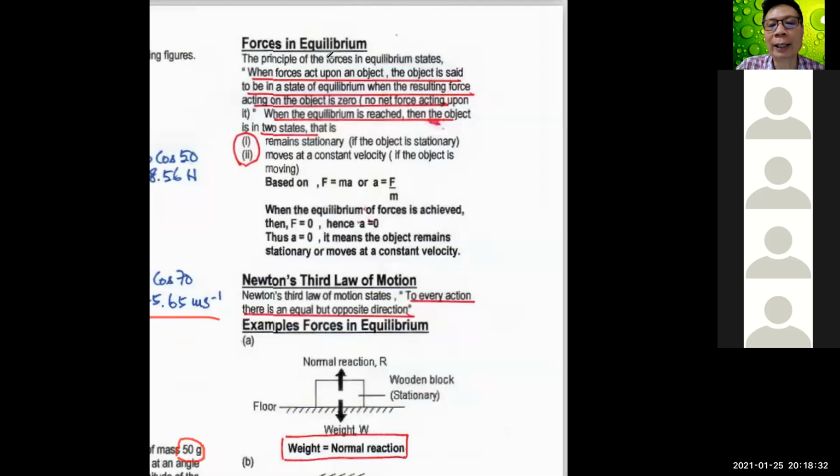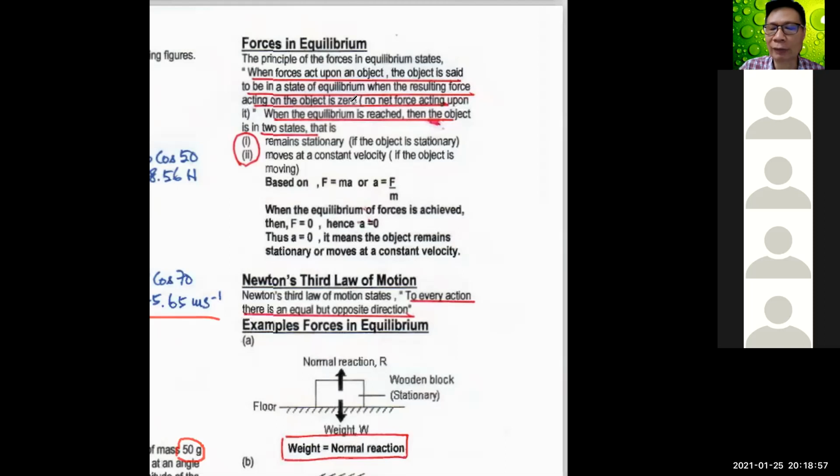When forces act upon an object, the object is said to be in the state of equilibrium when the resultant force acting on the object is 0. I told you, right? When left and right are the same, they cancel. Up and down the same, they cancel.